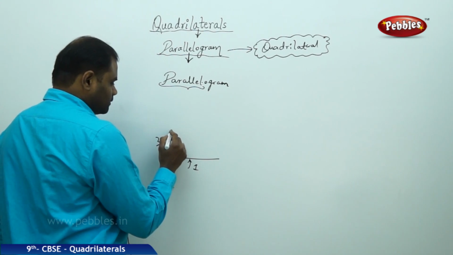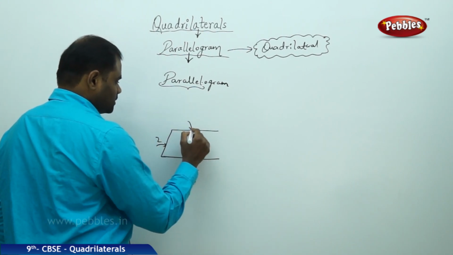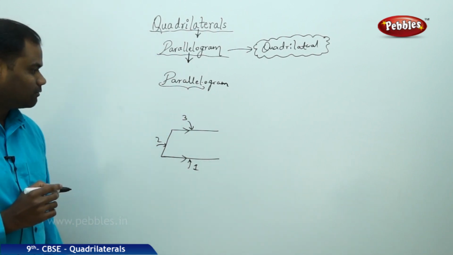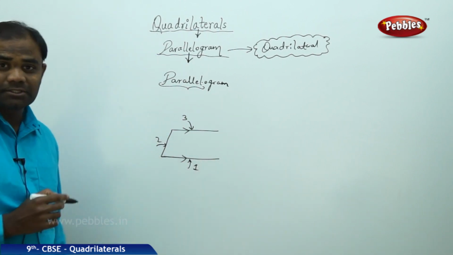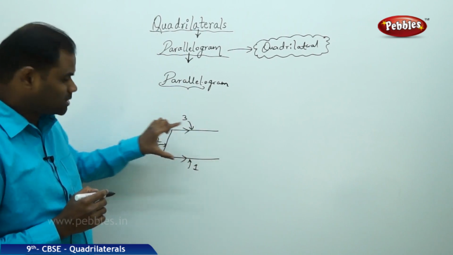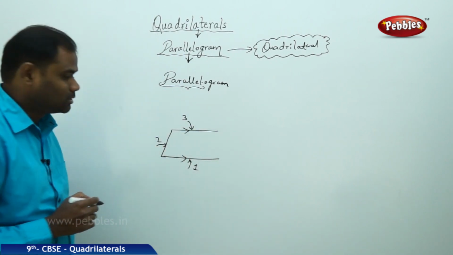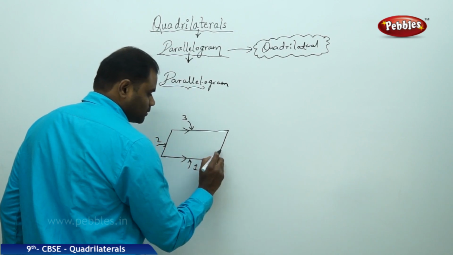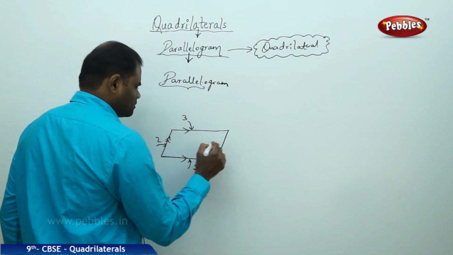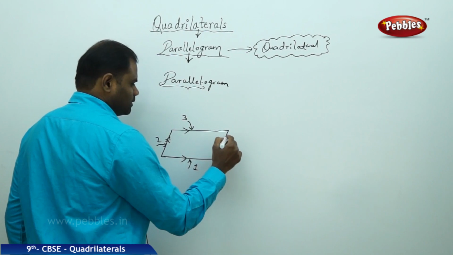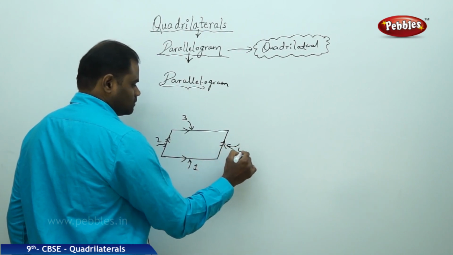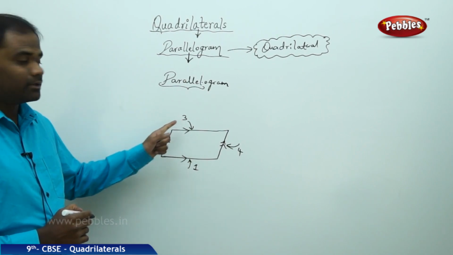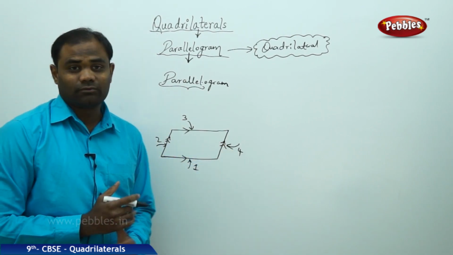The third line which I take must be parallel to the first line, and the fourth line which I take, the condition is that that fourth line must be parallel to the line 2. That means if I take out here, then this must be parallel to this, is how we understand the line 1 parallel to line 3 and line 2 parallel to line 4.